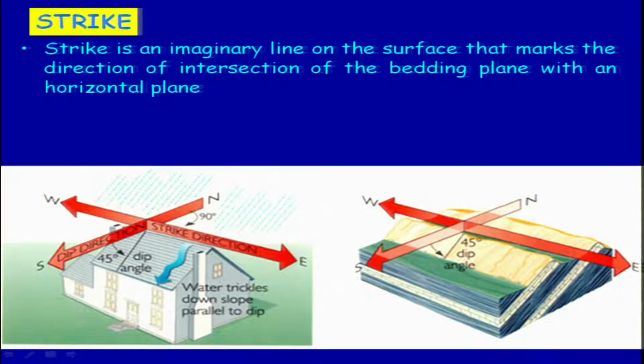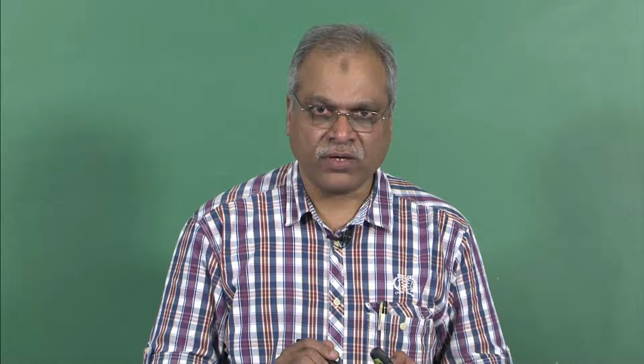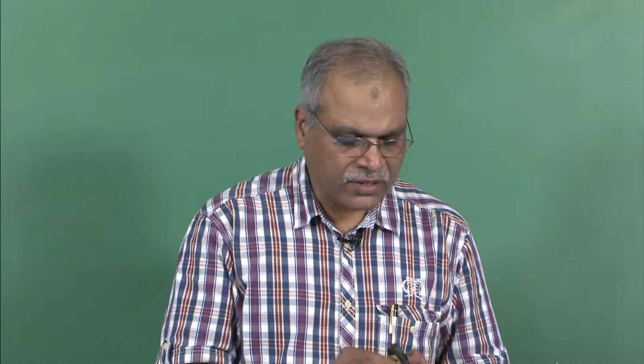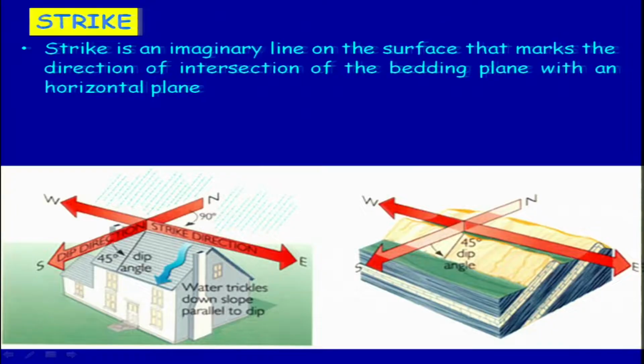You can say the strike is east west, and perpendicular to that will be your dip. That is your dip direction. So you can say that the beds are dipping towards the south, and the strike of the inclined beds is east west.